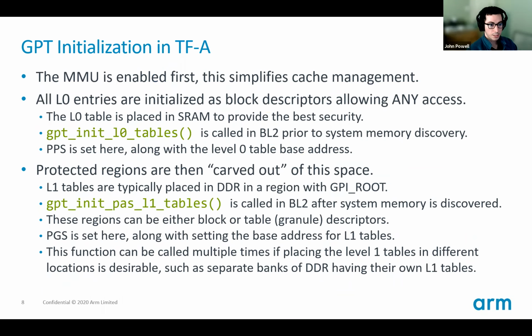Right. So essentially, BL2 comes along and creates the table in memory, and sets up the carve-outs required for realm world, secure world, and root world. Now BL31 needs to know the location of the L0 and L1 tables so that it can do a software walk of the table and do a transition according to the Granule transition service request.